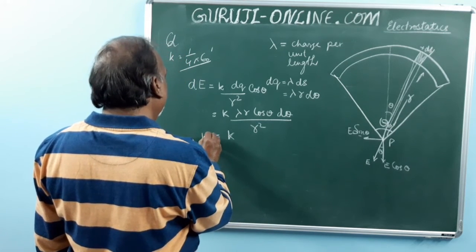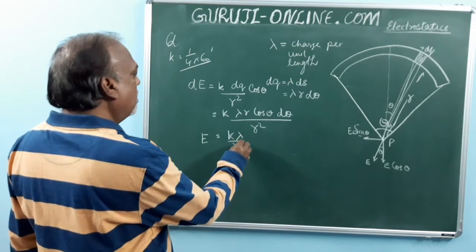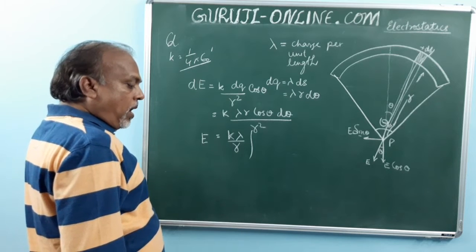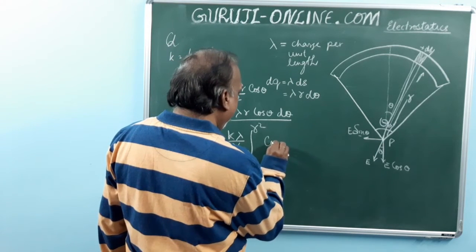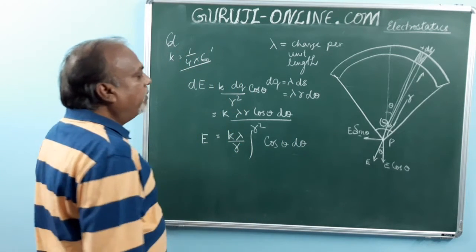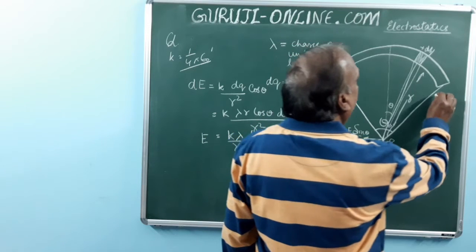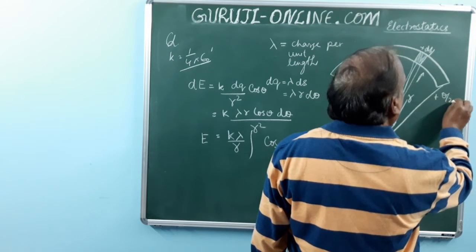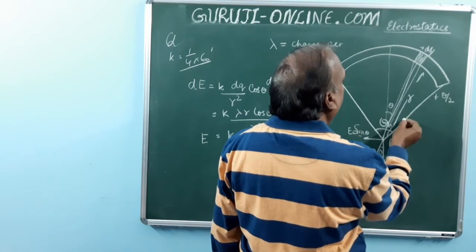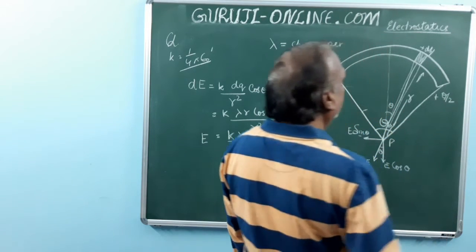Or we can write E is nothing but k lambda upon r, and this is the integral of cos theta d theta, and the integral limits will be from minus theta 0 by 2 to plus theta 0 by 2, because this is theta 0 by 2 only, of course, the original angle theta 0.